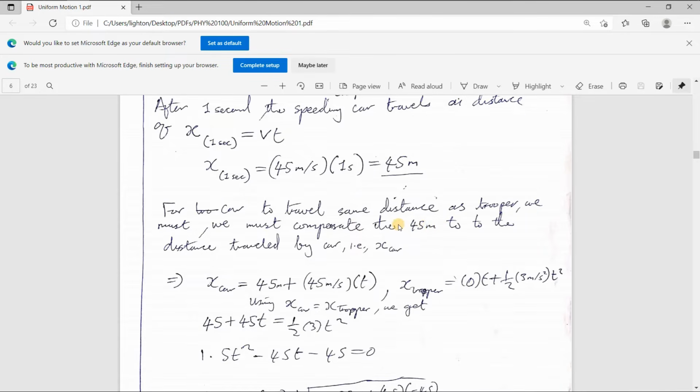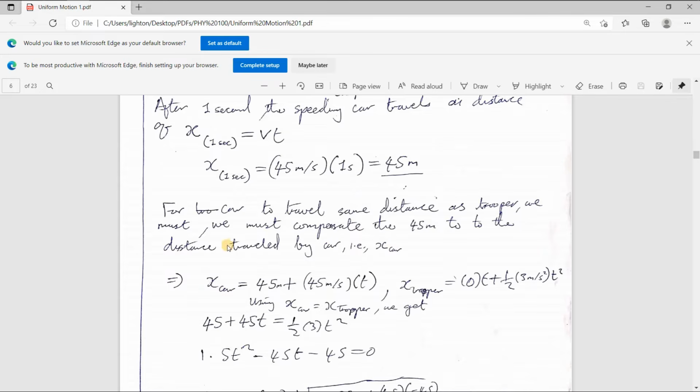And you see, in this case, we're treating the origin as the point at which the trooper starts. Now by the time the trooper is starting, the car has already covered some distance of 45 meters. So we must compensate the 45 meters to the distance traveled by the car.